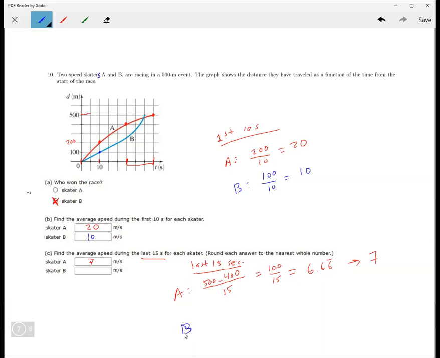For B, they ended the race right here. So the last 15 seconds for B would be this interval, from there to there. Of course, they ended at 500 meters.